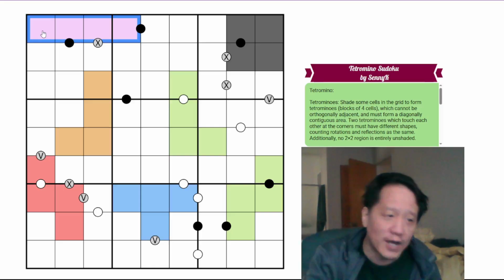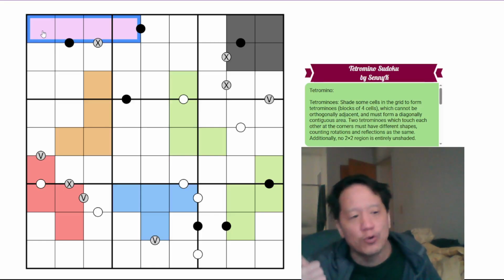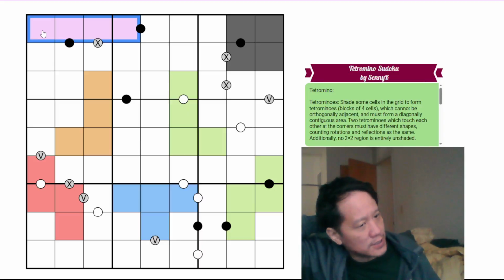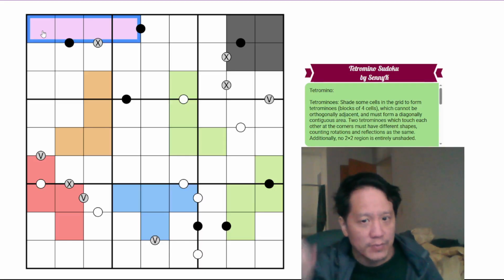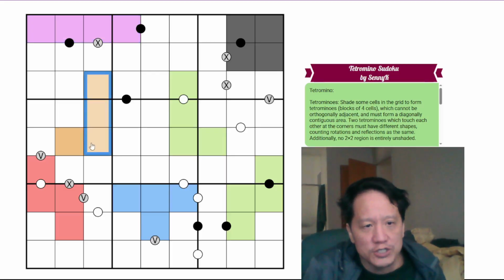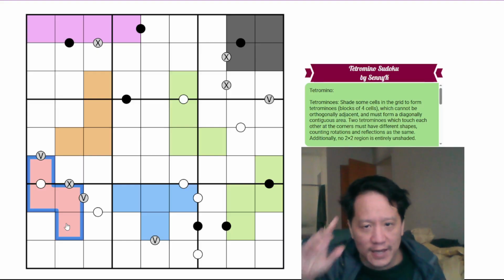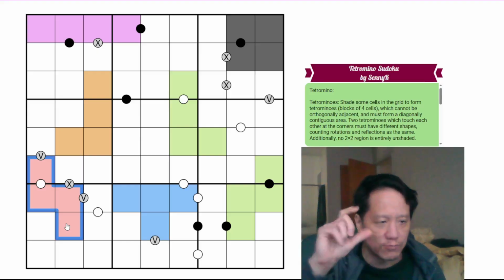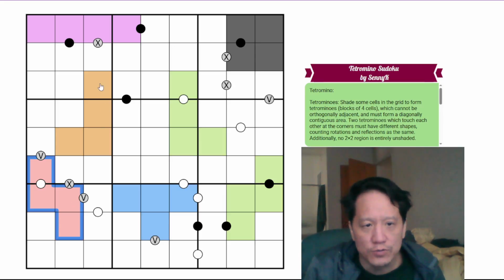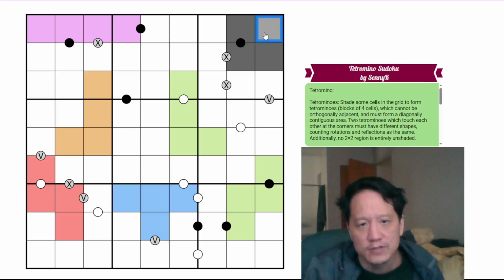In fact, you have to, because you have to share a corner with at least one other tetromino in the puzzle. So two tetrominos which touch each other on the corner must be different shapes. That includes rotations and reflections. So again, J is the same as L, N is the same as Z. So you essentially have 5 different types of tetrominos you can have, and two of them cannot be of the same type.